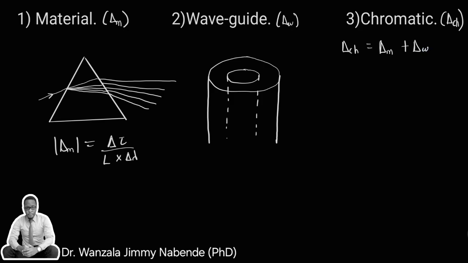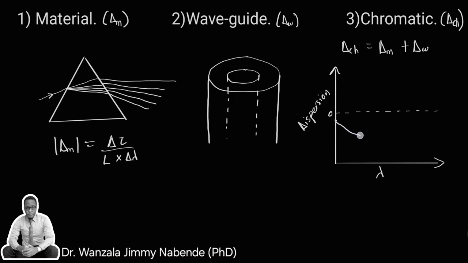If we are to look at its graph of dispersion against the wavelength, we notice that as the wave passes through the waveguide, there is a reduction in DW.